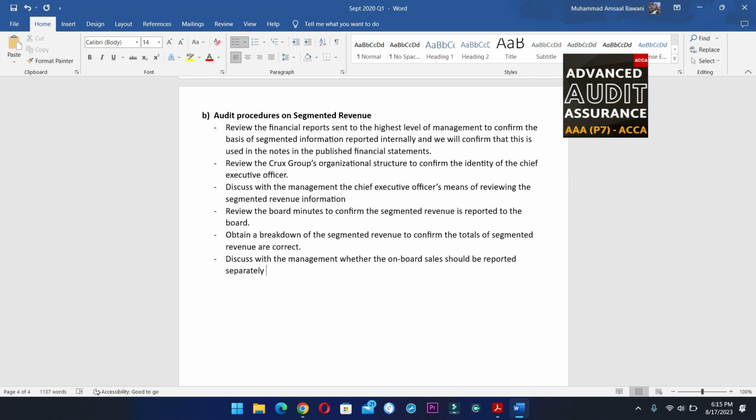Discuss with the management whether the onboard sales should be reported separately, provided it constitutes 15% of revenue, right?